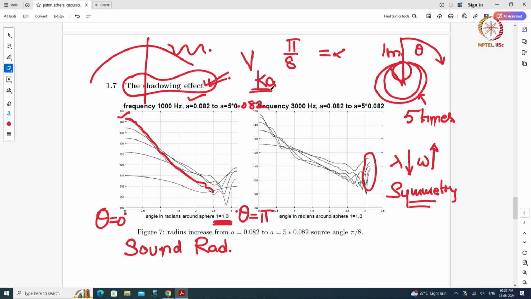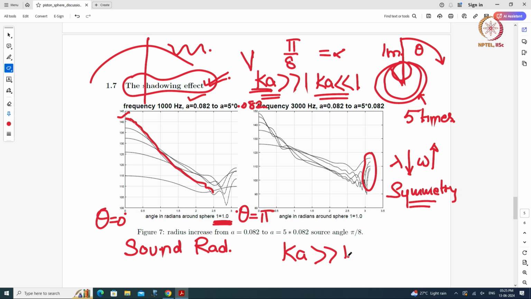It will be efficient when Ka starts to become higher, it will be less efficient when Ka is much smaller than 1. So here the levels will be low, here the levels will be high, but here more interferences will come as Ka goes up. These are very typical features of sound radiators.